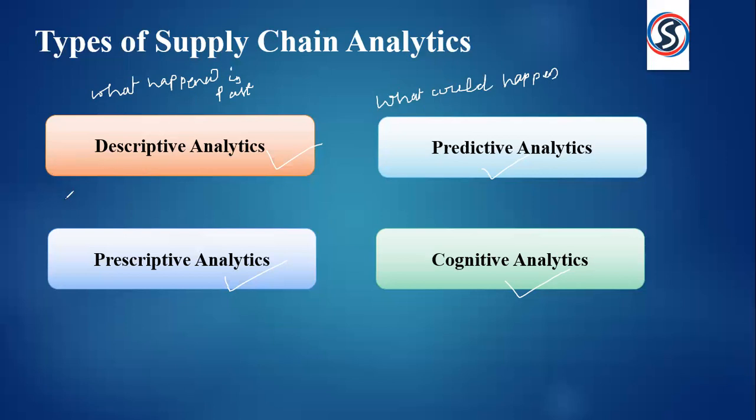It will give you suggestions on what actions should be taken. What actions should be taken. Let me write it here so that it will be easy for us to go one by one. Fine. Now coming to cognitive analytics, what does cognitive analytics do?